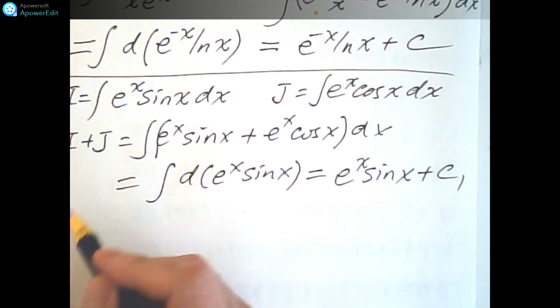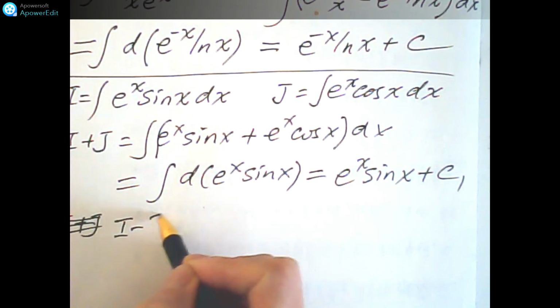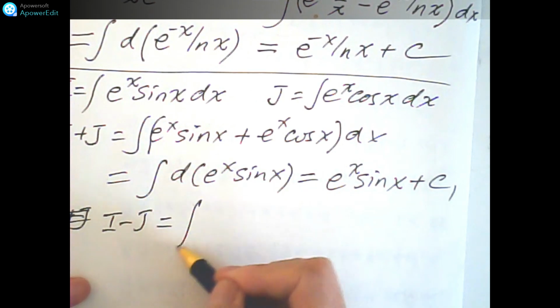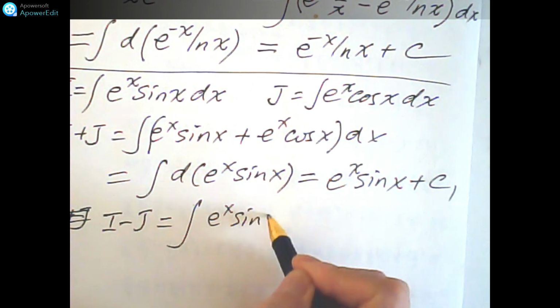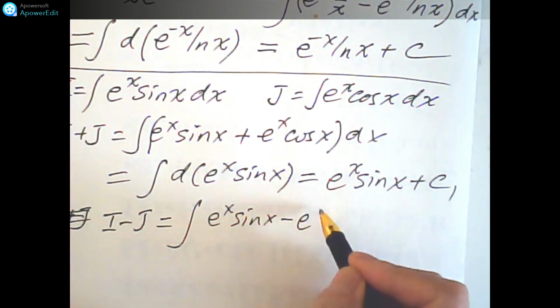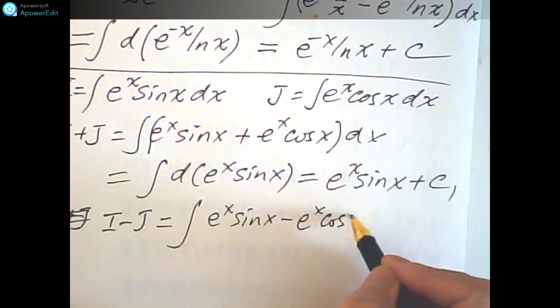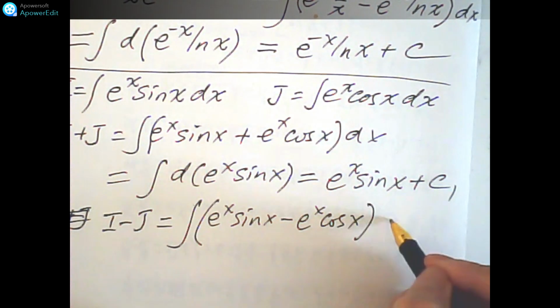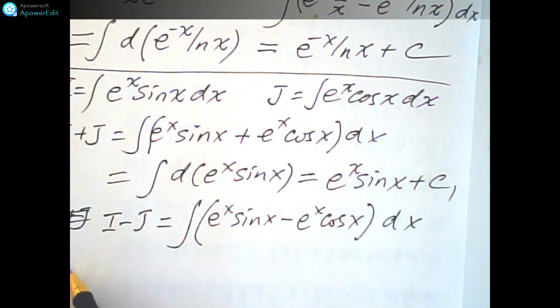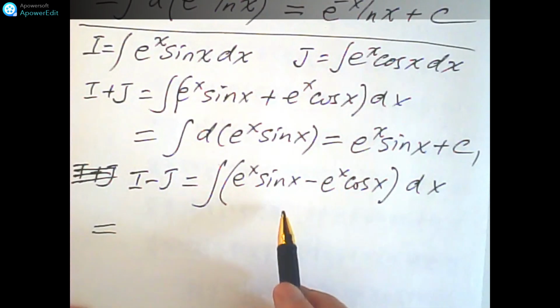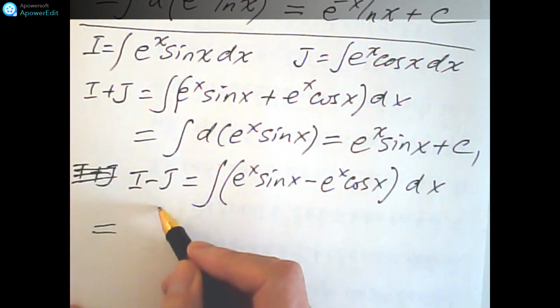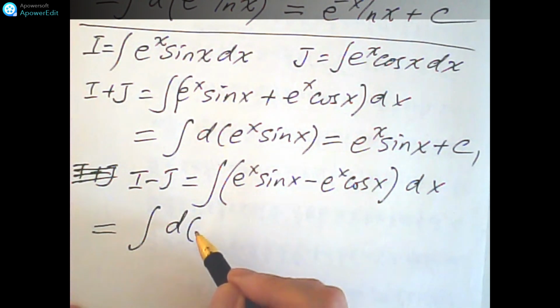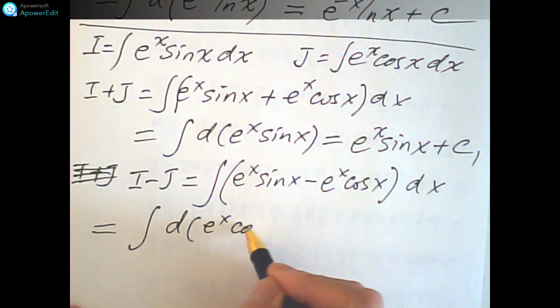Now then I do I minus J. This minus that, right? This is equal to e to the x sine x minus e to the x cosine x. Well, this is also the product rule. This is the product of e to the x times cosine x.